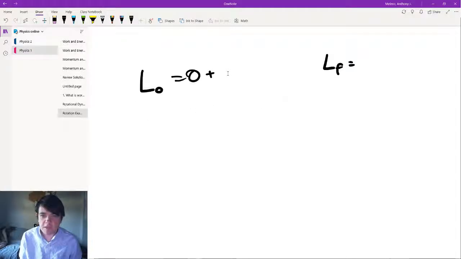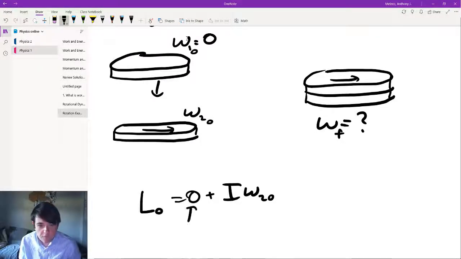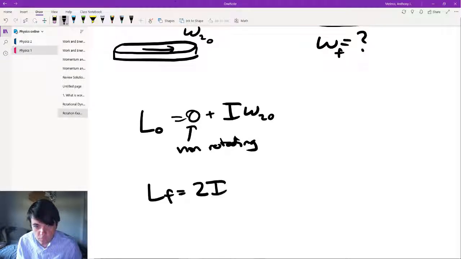So we have the non-rotating plus the rotating, omega, which I called omega 2 initial. Okay, so this is the non-rotating. Our final is they're combined, so they'll have double their moment of inertia for a disk times omega final.